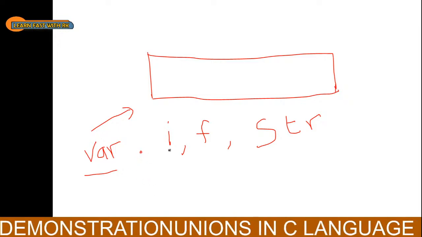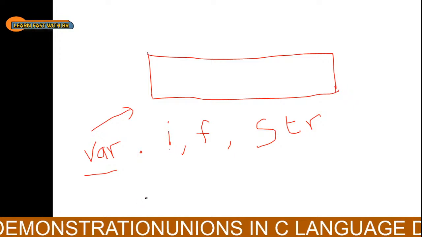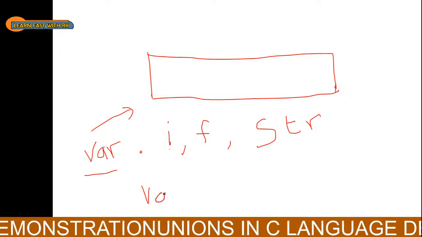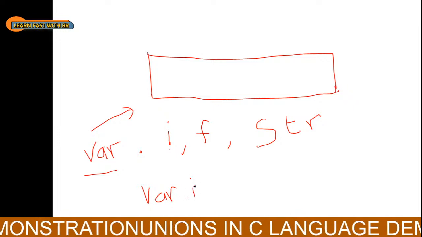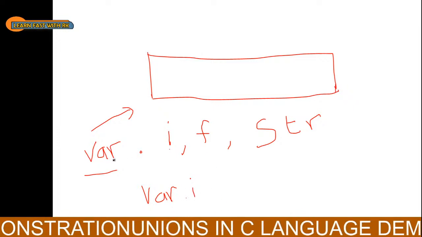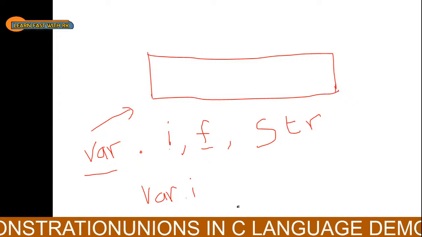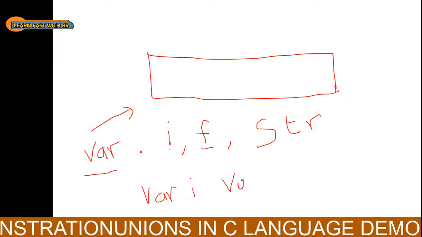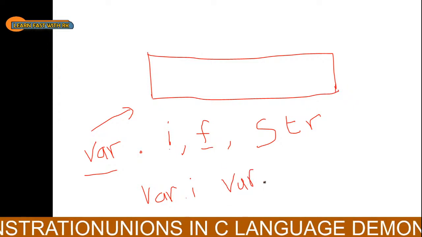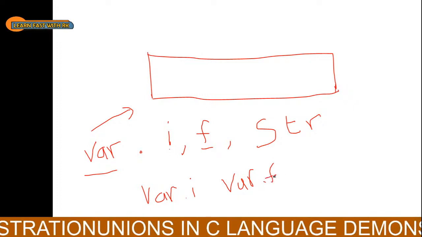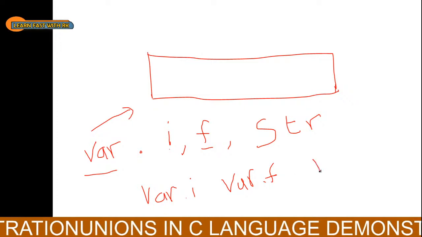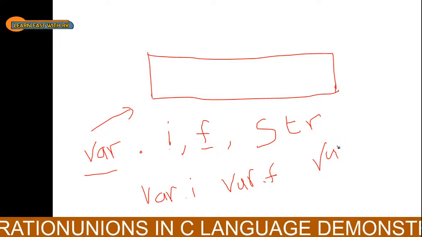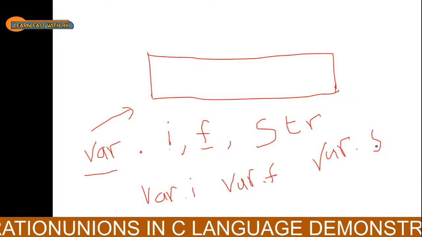In order to access i, we write var dot i. Similarly, to access f, var dot f, and to access str, var dot str.